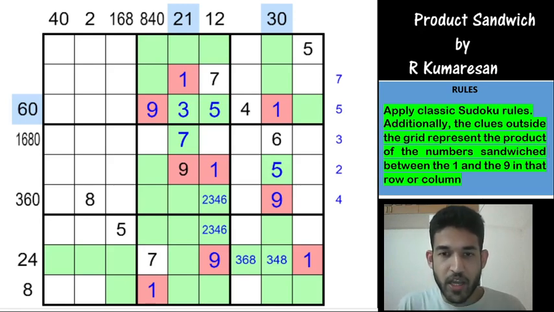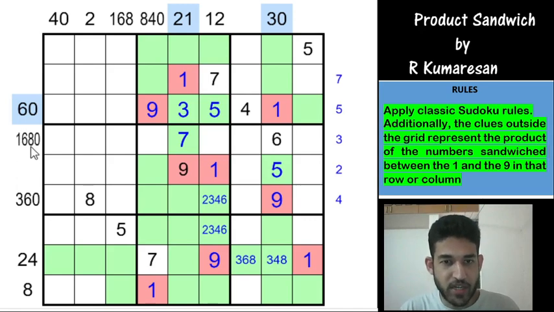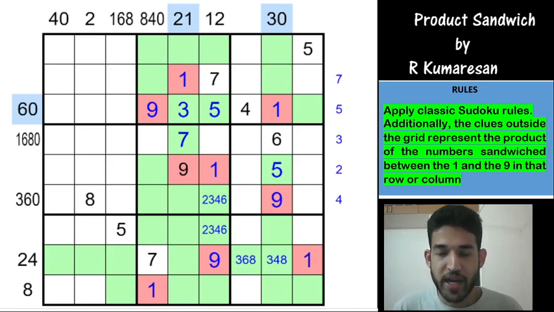So when you have the outside clue as very large, for example in this case 1680 or 840, maybe 3-digit or 4-digit outside clues, you can use the idea that the maximum product possible inside is 2 multiplied till 8, and that will give you 40,320. You can divide that by the outside clue, and that is the product of the values which are going outside the sandwiches.